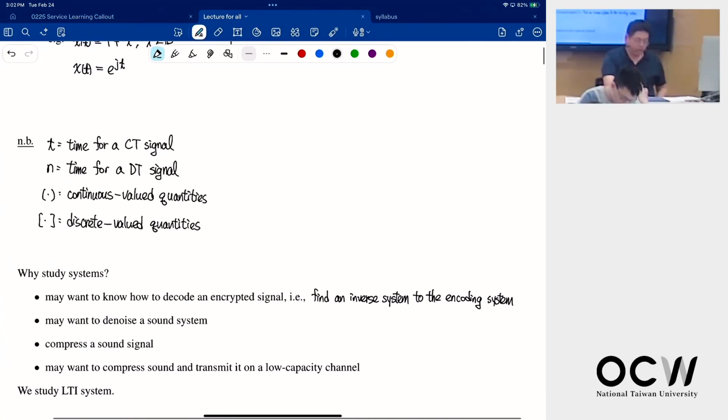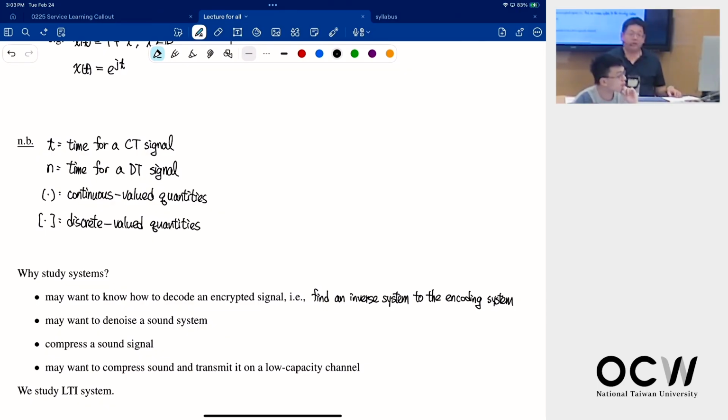Or we may want to denoise a sound using a system like a filter design. I can denoise a noisy background sound. Or I can compress a sound signal. Or you want to compress sound and also transmit it to a low capacity channel to save your money. Those are just a couple of reasons we want to study the system.